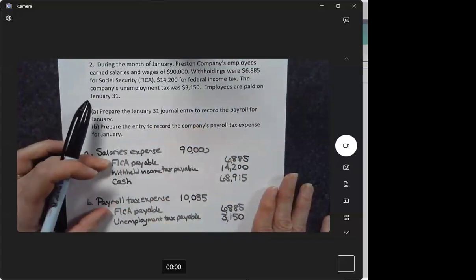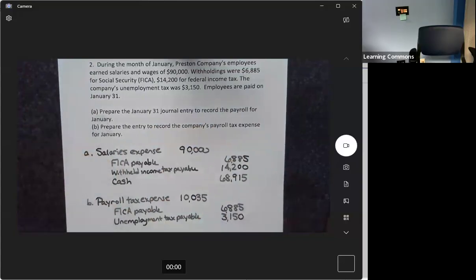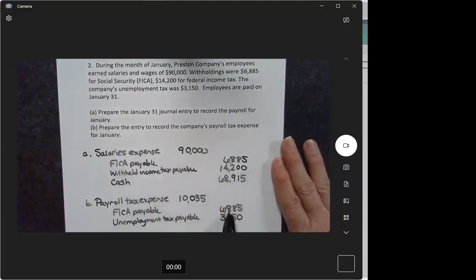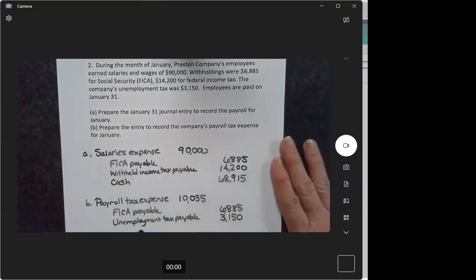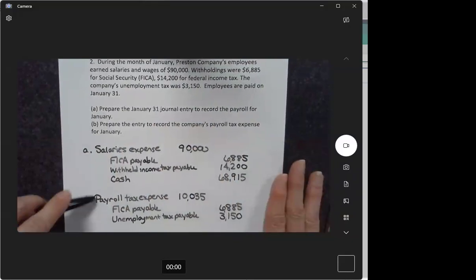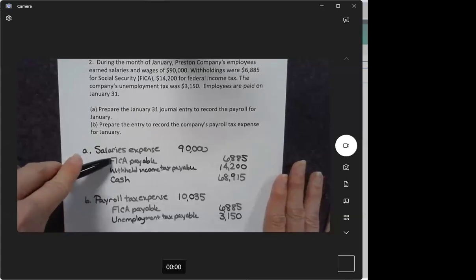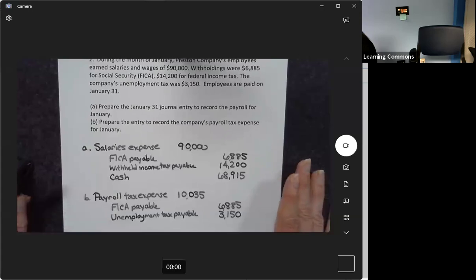Because the FICA tax is actually 15.3%, and you don't have to know those percentages, but the way it works is 7.65% is paid by the employee. The other 7.65% is paid by the employer. So you've got to match the FICA and record all of the unemployment taxes. So a company's obligation for the payroll tax will always be matching the FICA and then also paying those unemployment taxes.